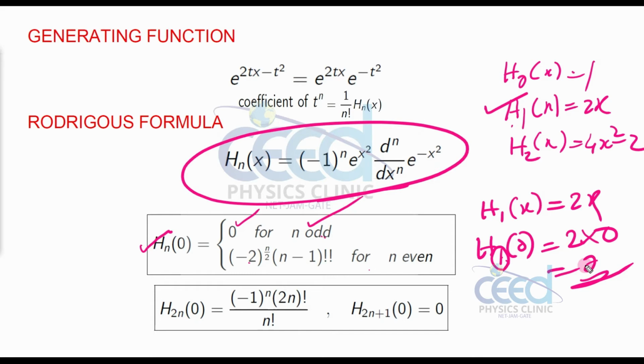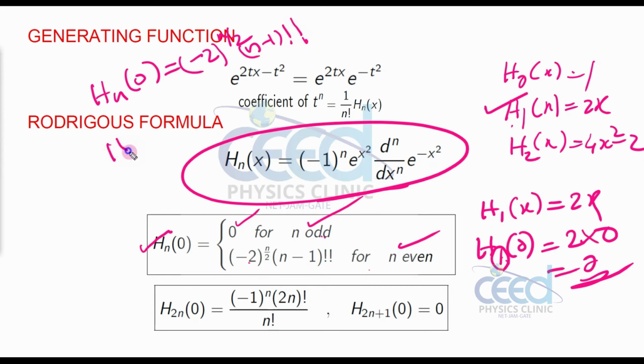Now if n is even, let us check that condition. So hn of 0 is equal to minus 2 raised to n by 2, n minus 1 double factorial. Let us consider h2 of 0. h2 of 0 means minus 2 raised to n by 2, that is 2 by 2, into 2 minus 1 double factorial.